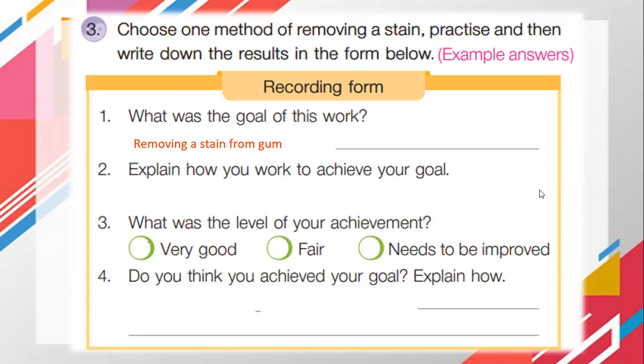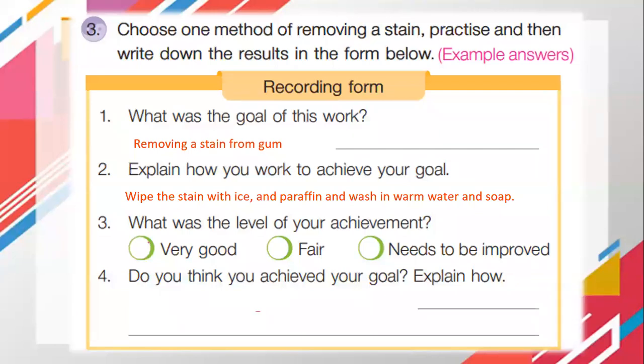That's how we can remove the stain of gum. Then we explain how we work to achieve our goal. So the same as you mentioned, we wipe the stain with ice and paraffin and wash in warm water and soap.